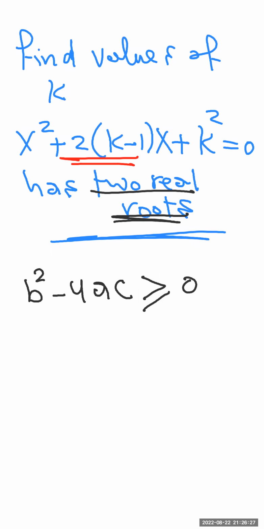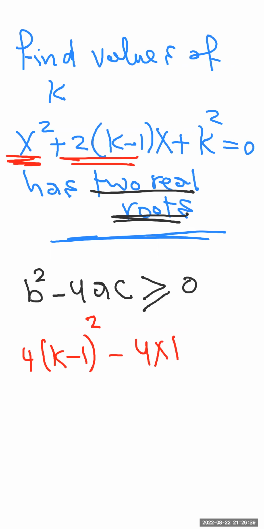So 2 squared, 4, this bracket squared, the bracket to the power 2, minus 4ac, 4 times a, 1, c, k squared, greater than or equal 0. Okay, are we clear till this point? Yes. Okay, now simplify the question step by step.